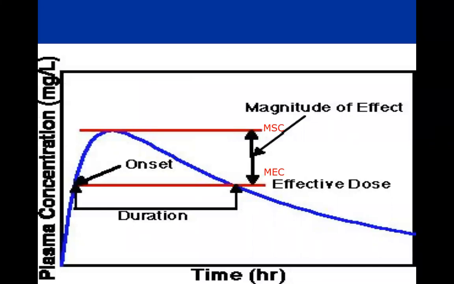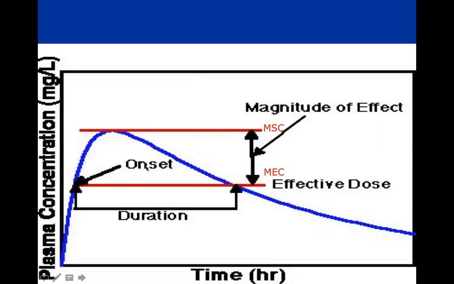If we look at this curve, this is the minimum effective concentration, and this is the maximum safe concentration. Above the maximum safe concentration, there will be a toxic effect, and below the minimum effective concentration, there will be no effect.